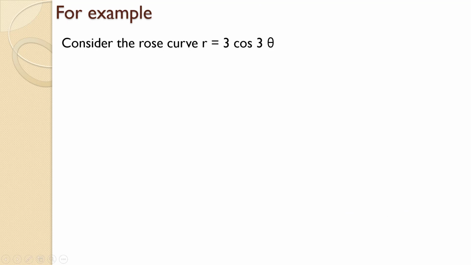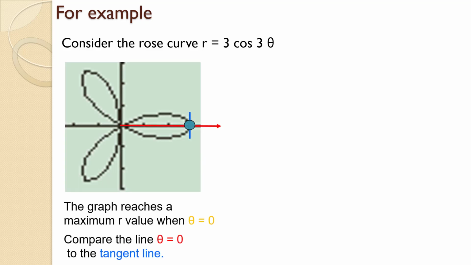So for example, if you consider the rose curve, r equals 3 times the cosine of 3 theta, then if you look at it when the angle is 0, the radius has reached a maximum value. And in fact, the rate of change of the radius in terms of theta is 0. So the tangent line must be perpendicular to the line theta equals 0 at that point.